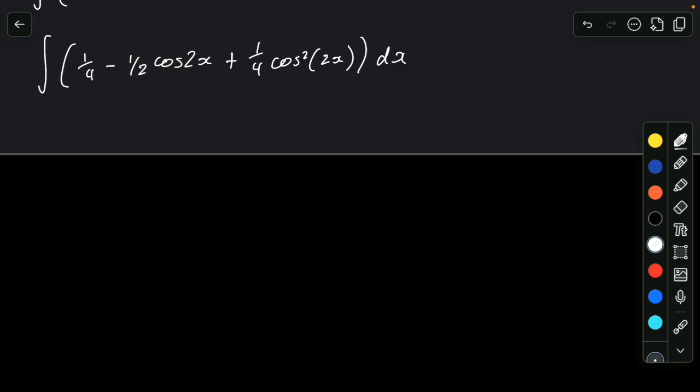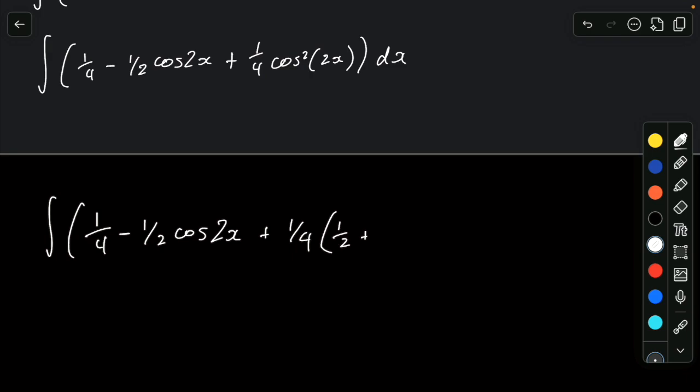We can actually say this is going to equal a quarter plus a half cos 2x plus a quarter times a half plus a half cos 4x, dx.